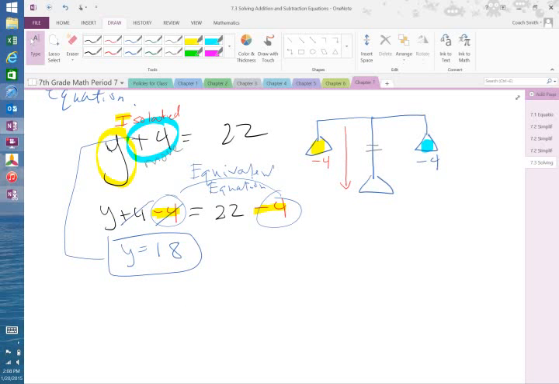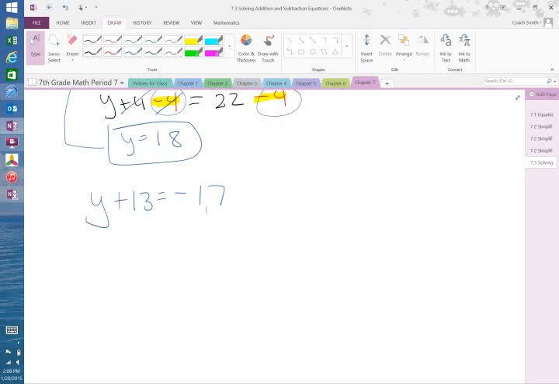Okay, now, let's look at this one. Y plus 13 equal -17. Once again, I said earlier that they're going to have both positives, they're going to have negatives, they're going to have adding, subtracting, subtracting negatives, adding negatives, all the things that we've done in Chapter 6 and up to this point in Chapter 7 is going to be in this.